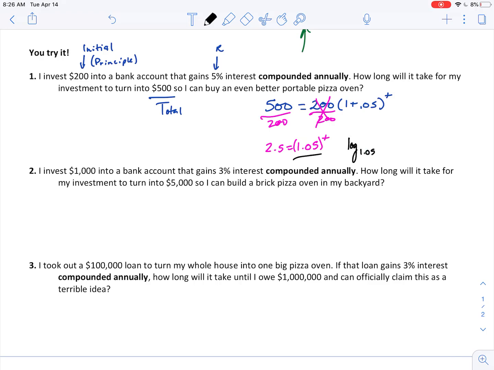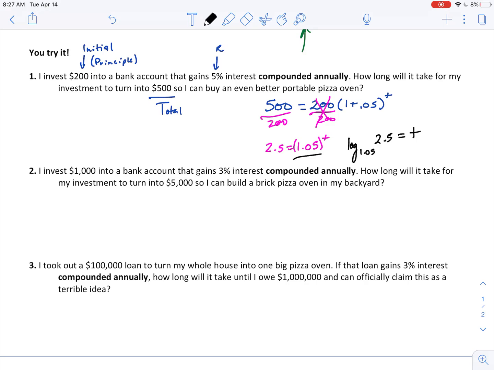And now I want to write this. So first step, divide by your principal. Second step, we're going to write that as a logarithm. So log, what's the base of my exponent? Well, the base of the exponent is 1.05. So the base of my log will be 1.05. And 2.5 is going to go in the log. So log base 1.05 of 2.5 equals t.